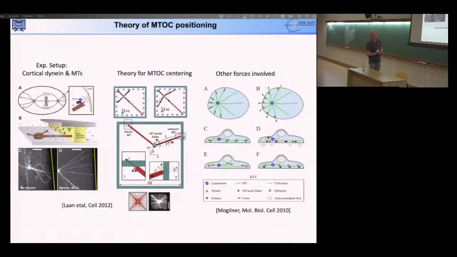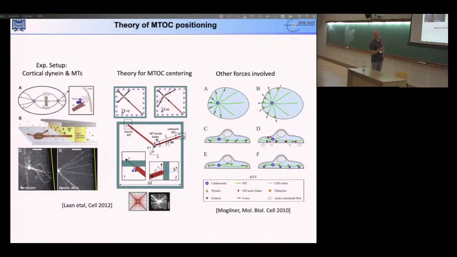There's this experiment by Laan et al., a paper of 2012, where they decorate a barrier here with dyneins, and put the centrosome with microtubules on this plate here.